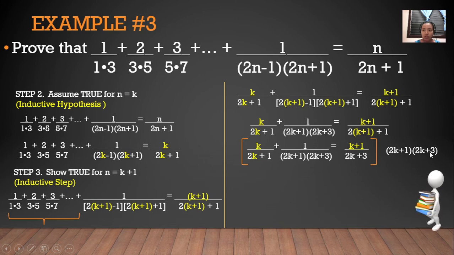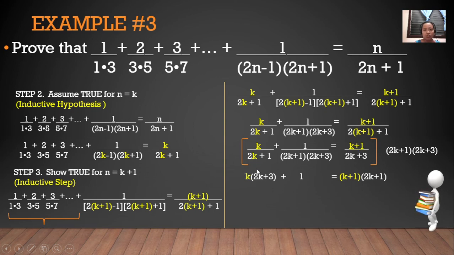The remaining is 2k plus 3. So what we are going to do is k will be multiplied by the 2k plus 3. In this case, divided by this denominator, we have 1 times 1 is still 1. This LCD divided by this denominator, the remaining is 2k plus 1. So we are going to multiply the 2k plus 1 in the numerator.